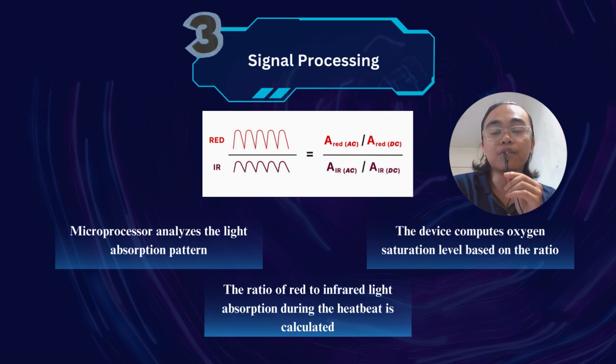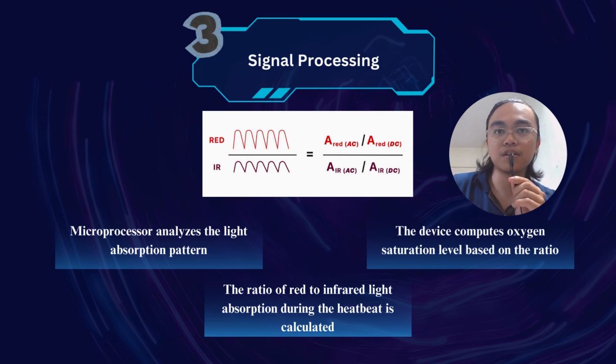Lastly, the microprocessor in the pulse oximeter will analyze the light intensity and the absorption pattern, and the ratio of the red to infrared light absorption will be calculated in the microprocessor. Then the device will compute the oxygen saturation level according to the ratio it obtained.